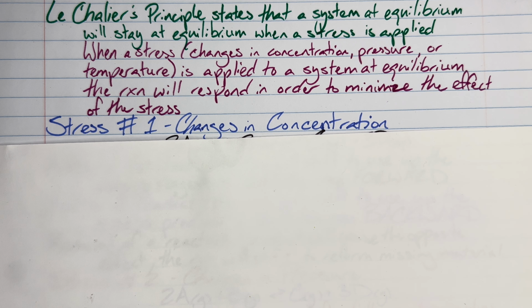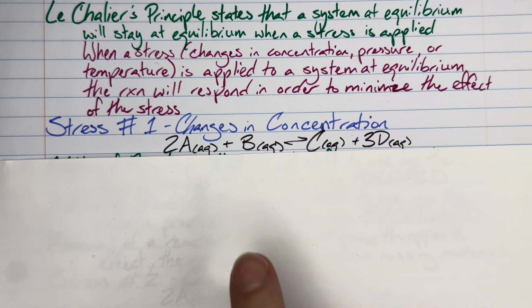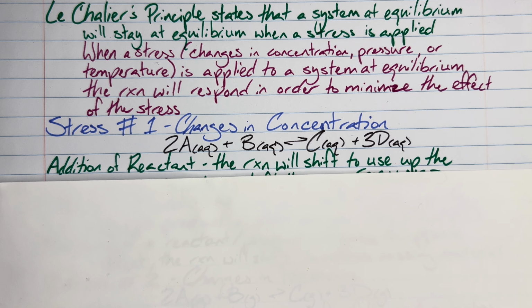The first example of stress that we're going to look at and how it affects the system at large is going to be a change in concentration. So remember, I already have the reaction in the system at equilibrium. This is my example of a reaction that could be at equilibrium.